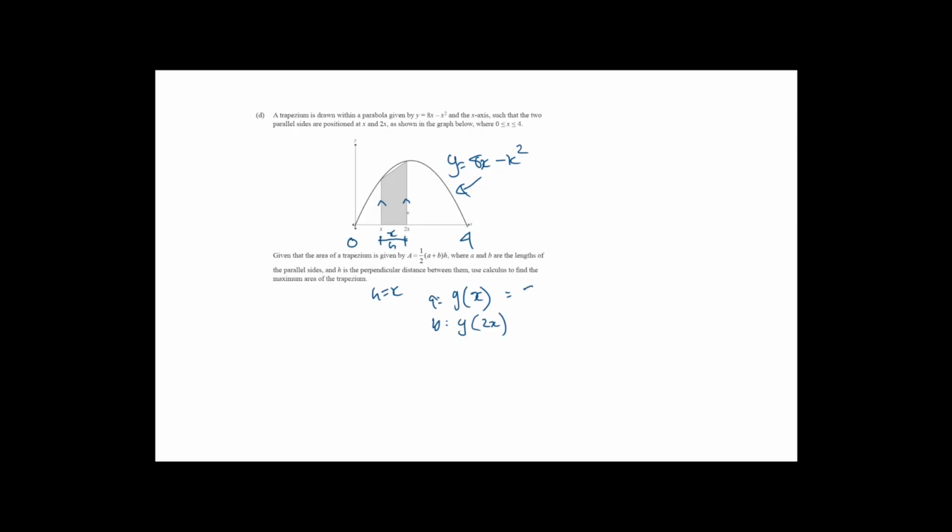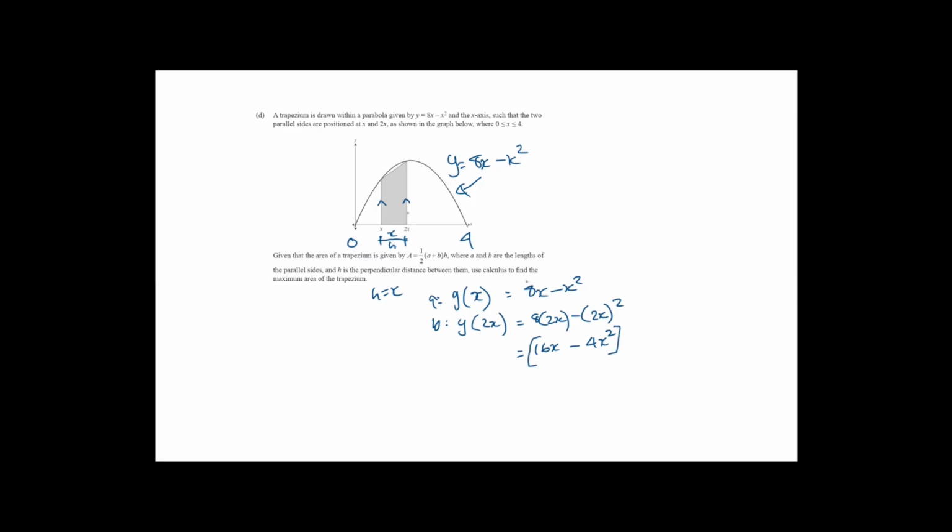We just put an x in where there's an x, so a is 8x minus x squared. And b is 8 times 2x minus 2x all squared, so that's 16x minus 4x squared.